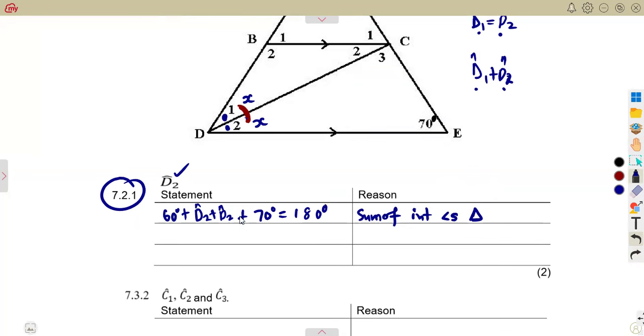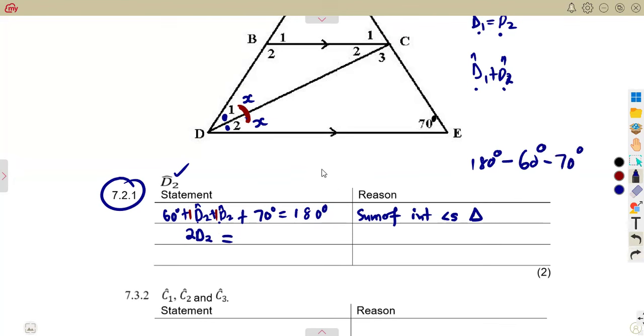We have formed an equation, so we need to solve this equation. D2 and D2, if you add, that is simply 1 plus 1, so that will be 2D2. It is equal to 180, you subtract the 60 degrees, and you also subtract the 70 degrees.